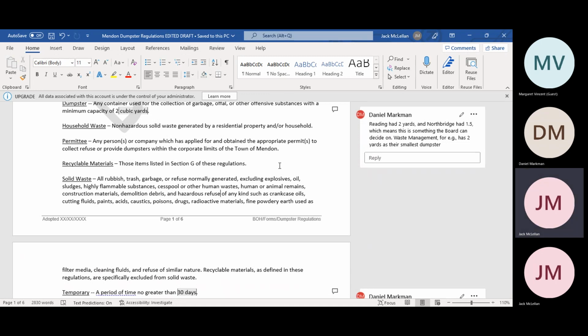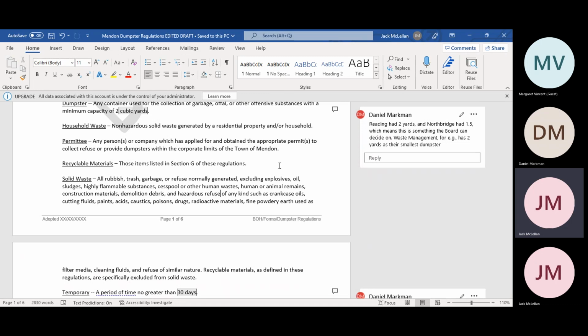Obviously, we wouldn't allow them to be collecting cesspool or other human waste, animal remains, construction material, demolition material, hazardous material, oils, paints, and so on.